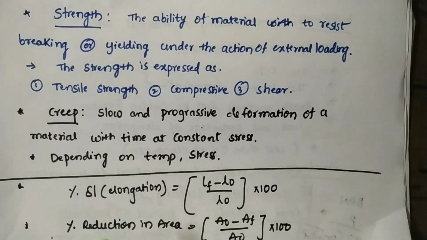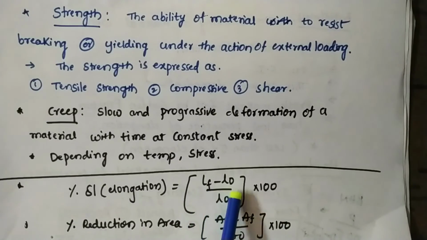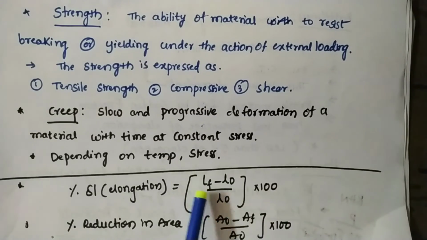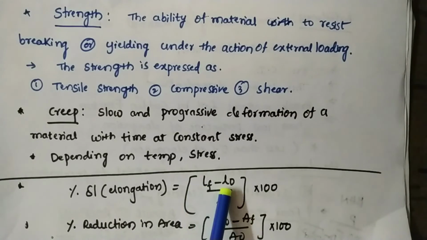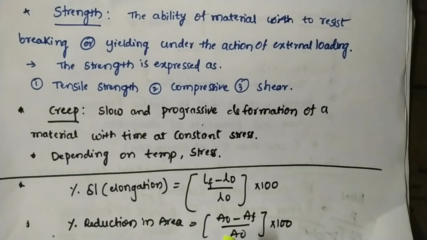Now the percentage of elongation and percentage of reduction in area formulas. Percentage of elongation equals (LF minus L0) by L0 into 100, where LF is the length after fracture and L0 is the original length. Similarly, A0 is the original area and AF is the area after fracture. These two formulas are very important.